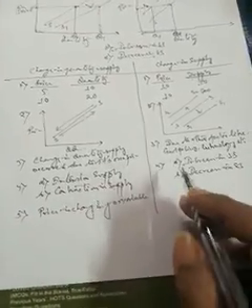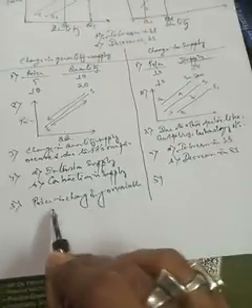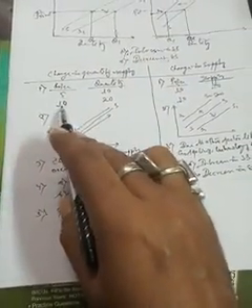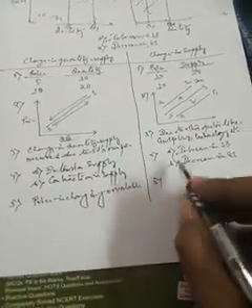Price is changing from 5 to 10, because it's movement along the supply curve, so price is changing or variable.